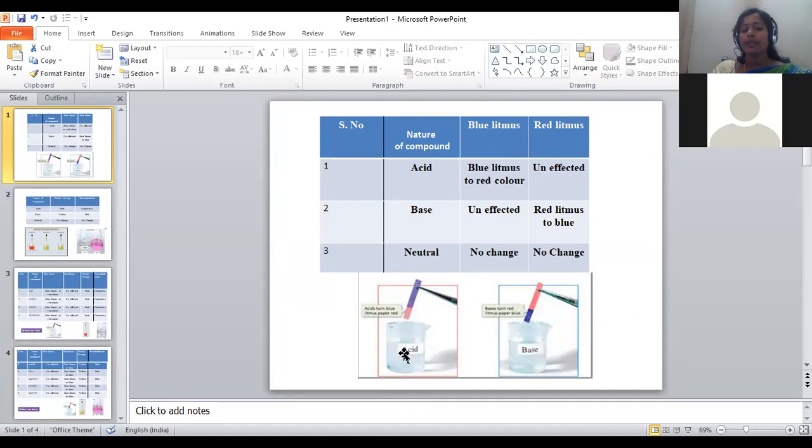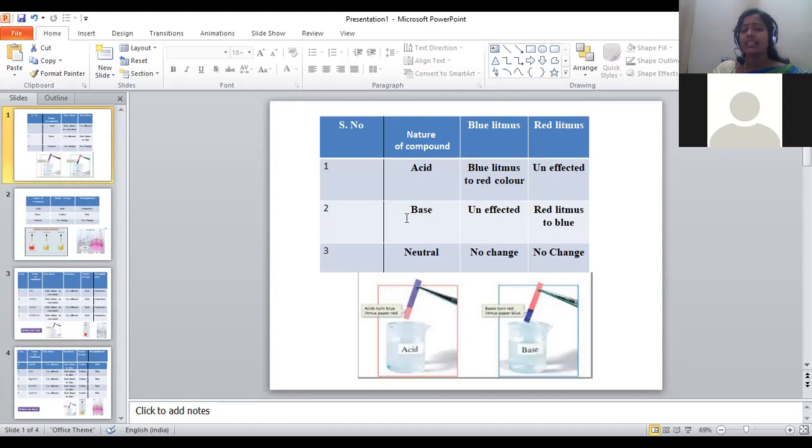Whenever blue litmus paper is dipped, the part which was dipped turns red. Now you can infer that the given compound is acid. When red litmus is dipped into this, it remains red. That's why it will not be affected. Red litmus will not be affected by acid solution. Only blue litmus will turn red, which is described in this diagram.